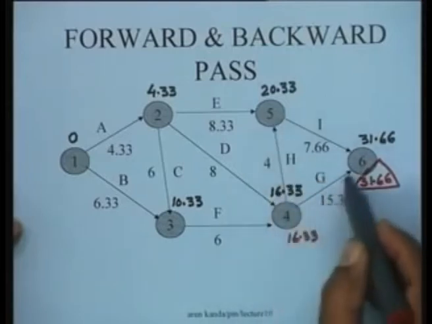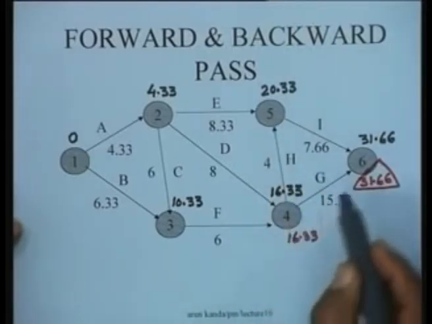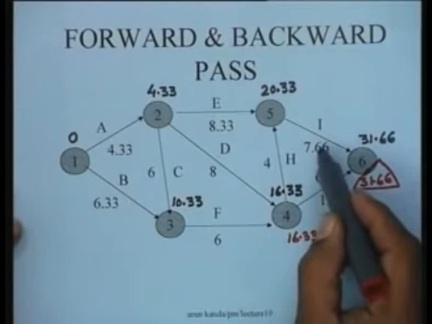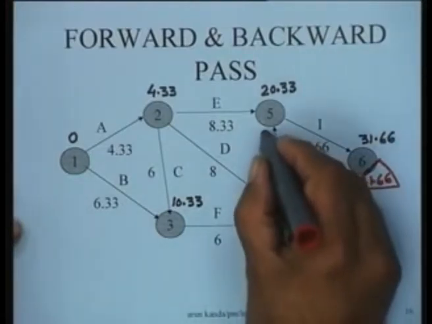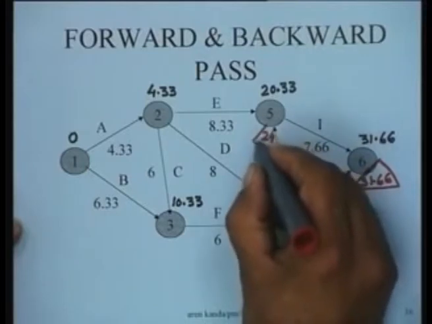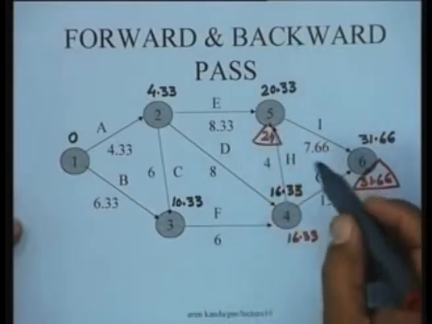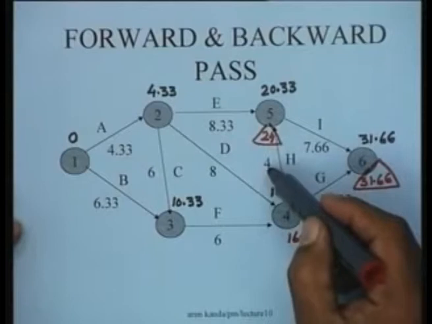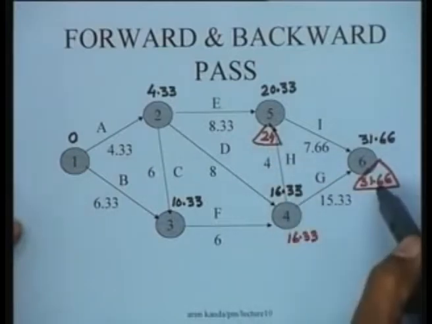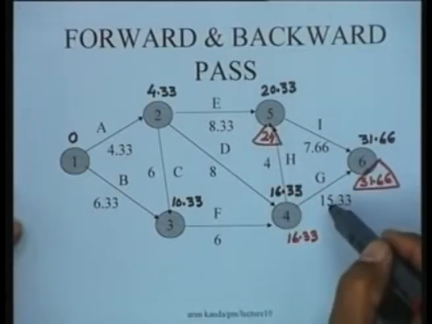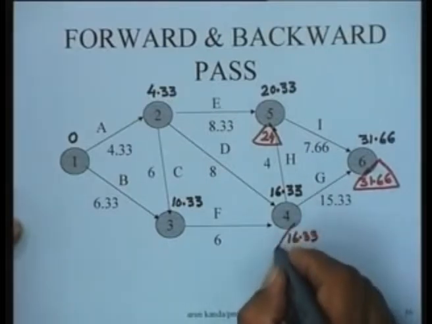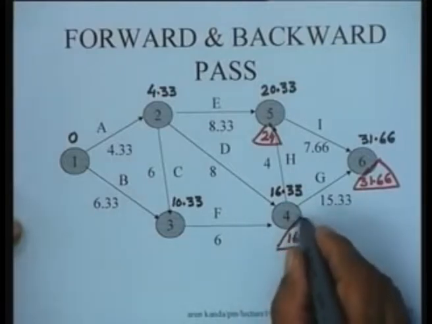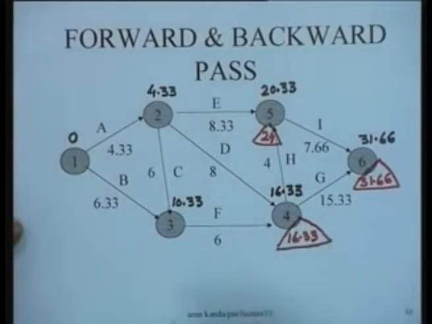Because there are two outgoing arcs, we cannot yet compute node 4, right? Having computed 24, we would then have to say 24 minus 4, which is 20, and 31.66 minus 15.33, which is 16.33. So we can take the value which is lower, and the lower value in this case is 16.33.